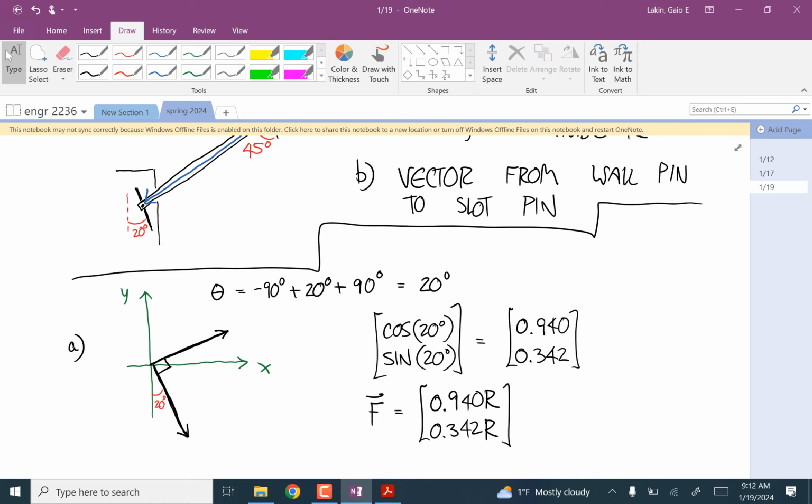Yes? Is there a significance to the choice of variable, like t versus r? Well, they're just variable names. But people tend to use t's for things that are pulling, and r's for things that are pushing.